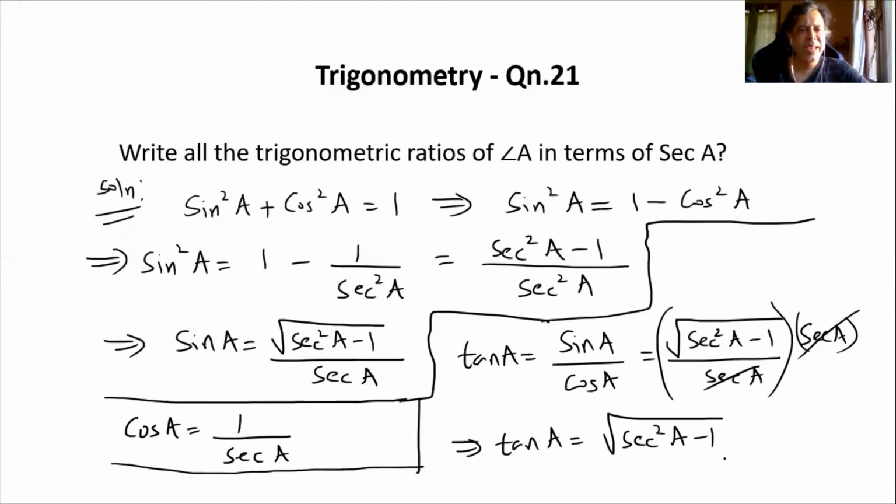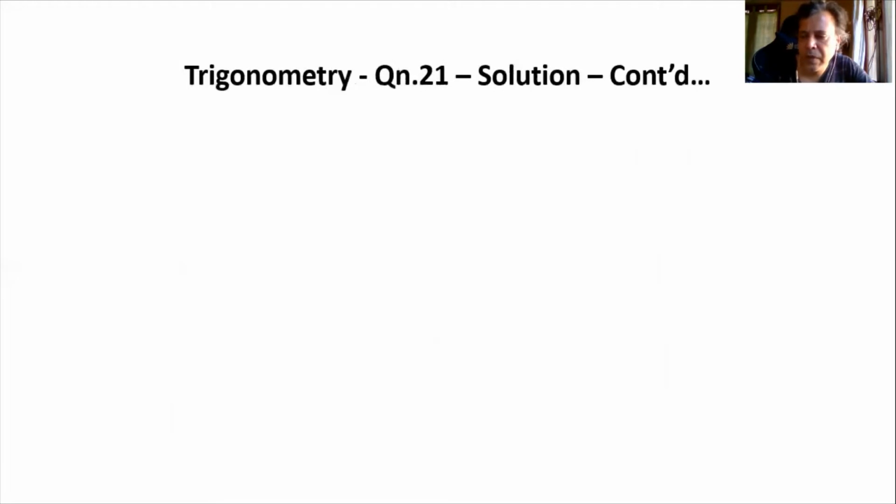Now that we got sine, cos and tan in terms of secant, we can now do the other trigonometric ratios, which are cosecant, secant and cotangent. Secant is not required anyway, because we are converting everything into secant. So we'll ignore secant, but we have to do it for cosecant and cotangent. Let us do that.